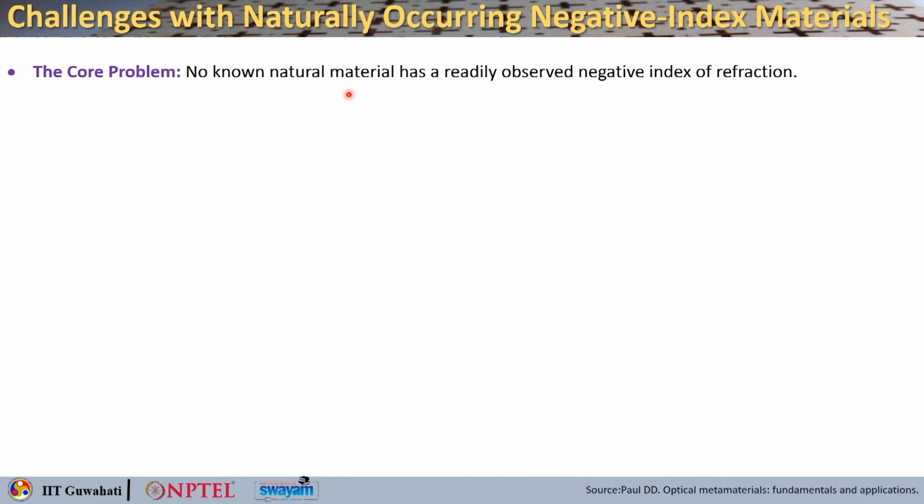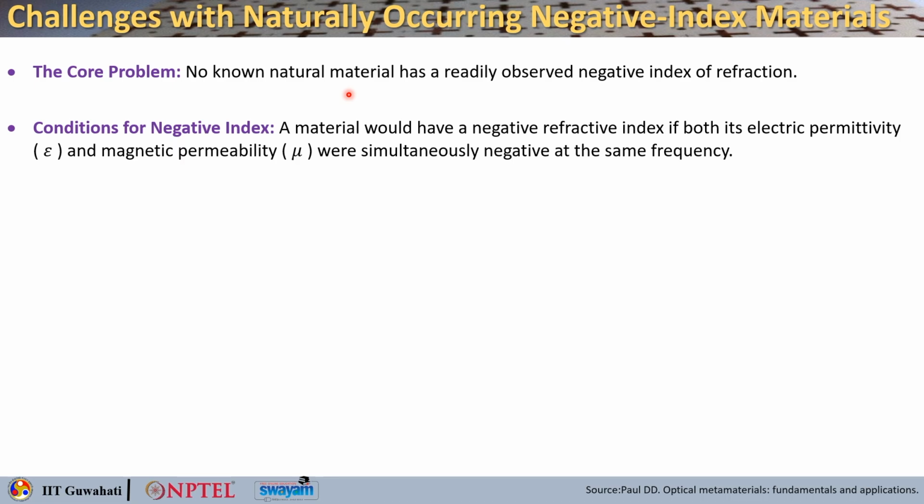You do not find such a material in nature where, at a particular frequency, it gives you simultaneously negative permittivity and negative permeability. What is the condition for negative index that we all know? A material should have a negative refractive index if both its electric permittivity epsilon and magnetic permeability mu are simultaneously negative at the same frequency.